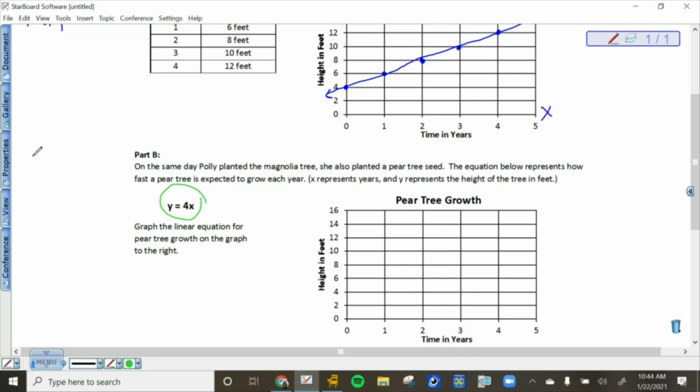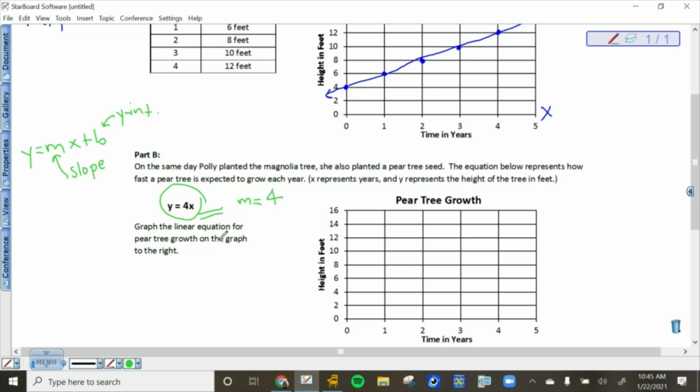Let's think about this equation in slope-intercept form, where m, the coefficient of x, is my slope, and b is my y-intercept. So in this equation, what's my slope? 4. And what's my y-intercept? We don't really have a plus b here, do we?